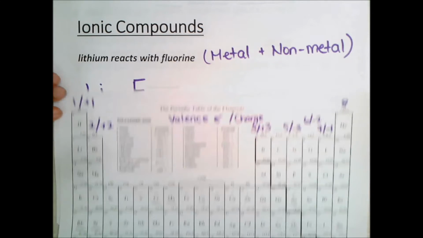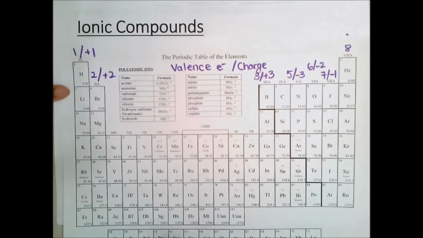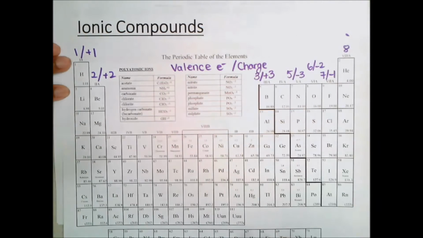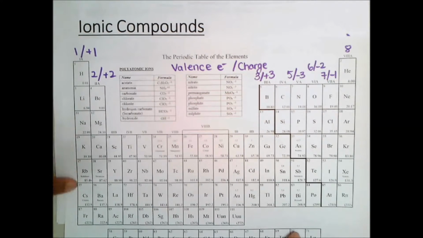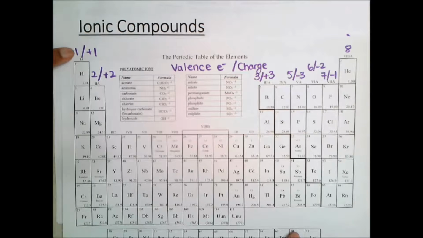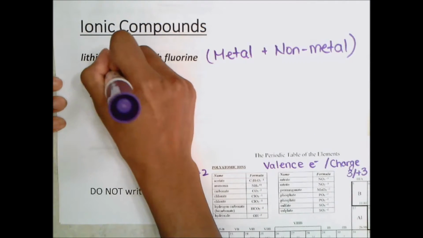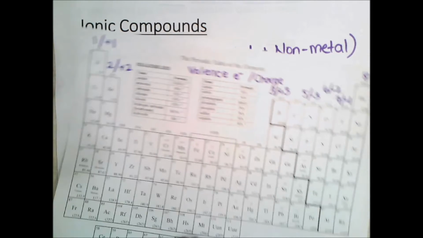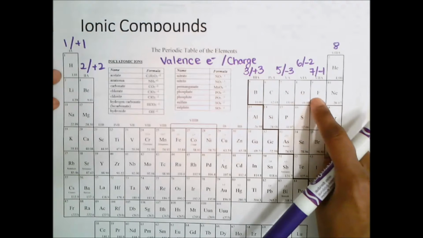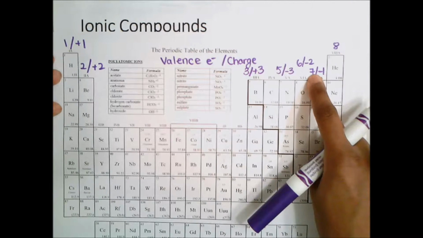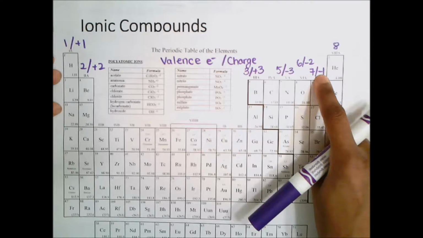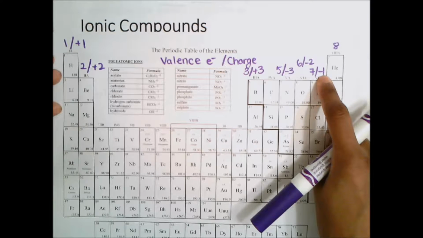I just filled out my periodic table here with the charges right on the top. Lithium, because it's in the first column, has 1 valence electron. It's easy to lose that one, so it's going to be a +1 charge. Your fluorine, because it's in the 7th column, has 7 valence electrons. It's easy to gain 1 electron, so it has a -1 charge.